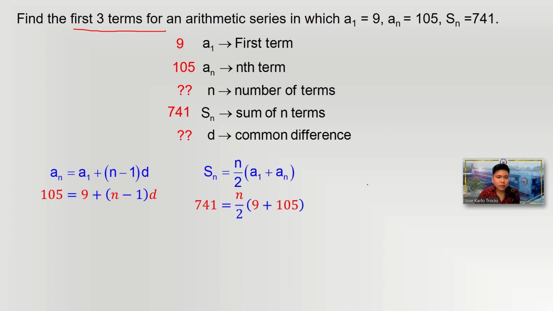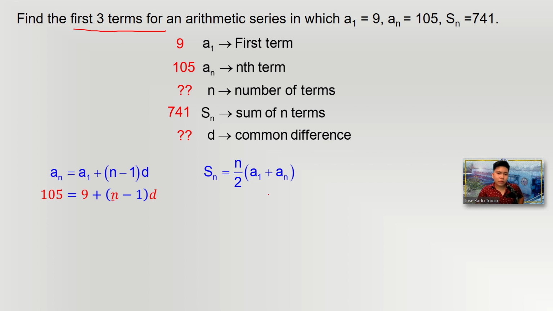Let us do this step by step. First step. We are looking for the n. We do not know the n, by the way.